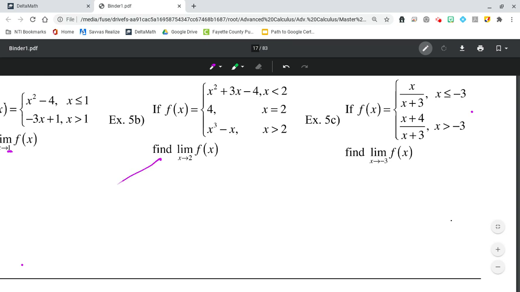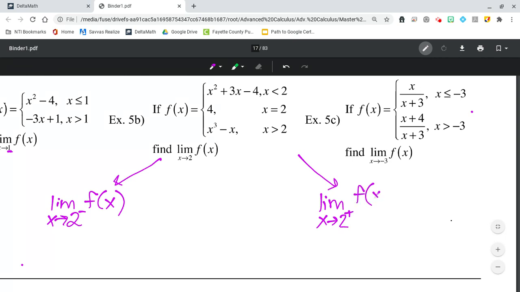So again, I'm breaking this up into two limits. The limit as x approaches 2 from the left of f of x, then the other side, the limit as x approaches 2 from the right of f of x. Then I have to decide which line approaches 2 from the left and which line approaches 2 from the right.